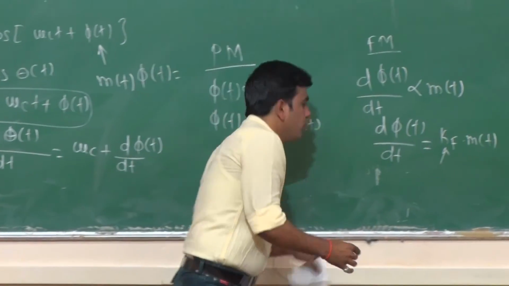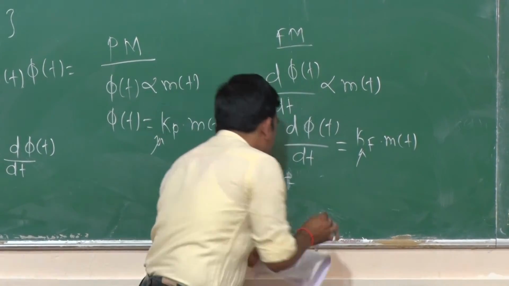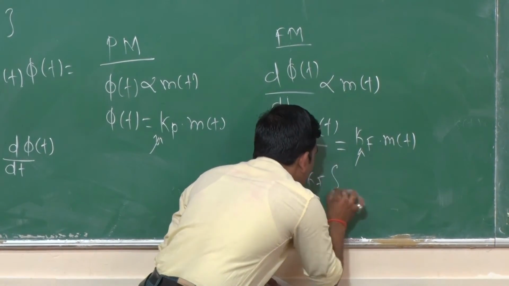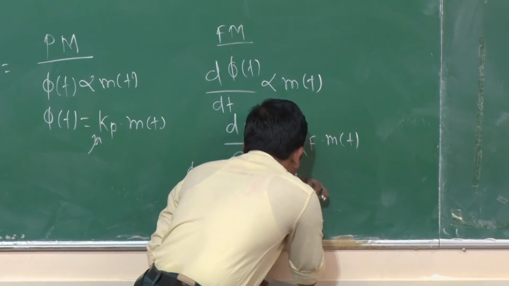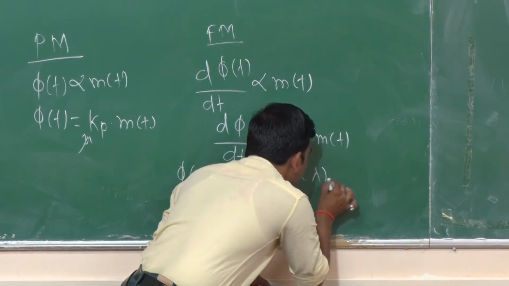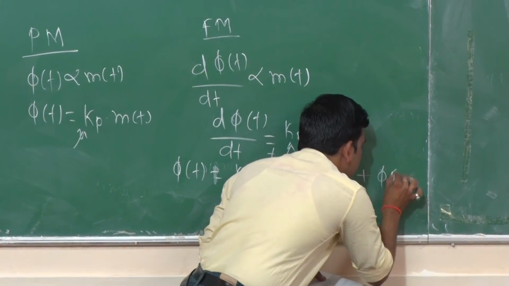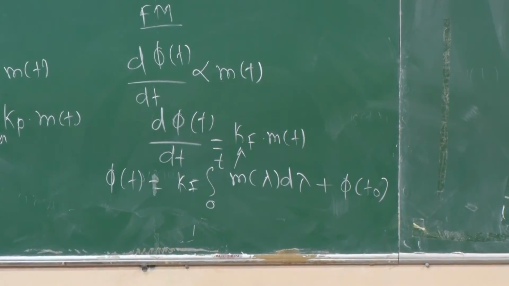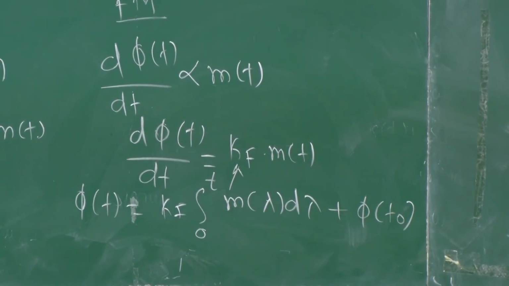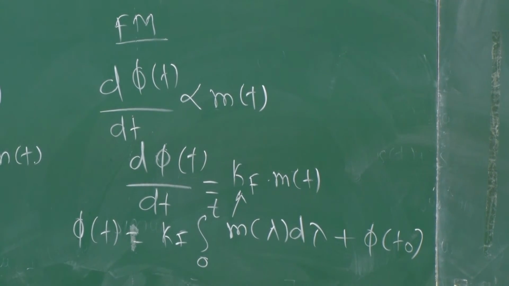From this one we can find out phi of t is given as kf into integration from 0 to t of m of lambda d lambda plus phi of t0. From this frequency deviation we are related with this phi of t.